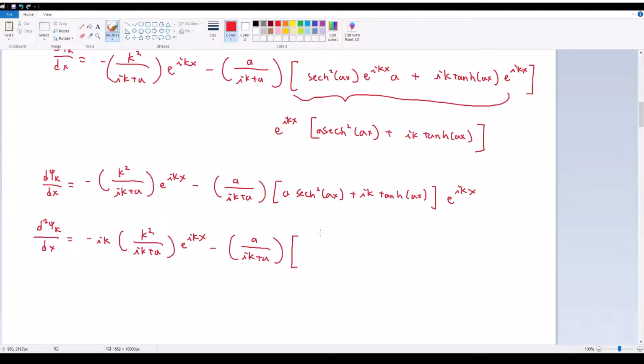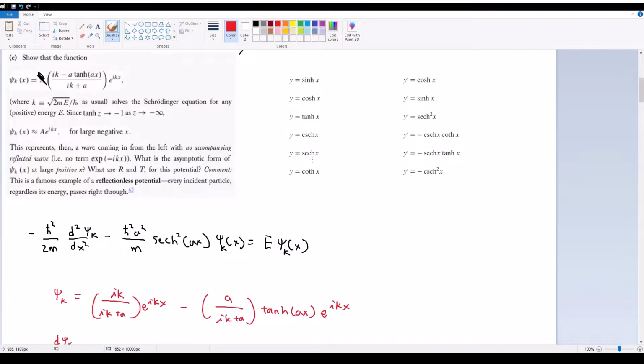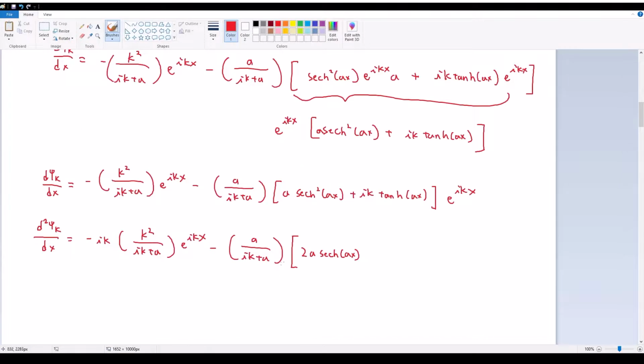And now we're deriving this, so this is going to give us 2a hyperbolic secant ax, and the derivative of hyperbolic secant, which is going to be a negative at the front times hyperbolic secant and then hyperbolic tangent ax, and then multiply by a factor of a again because we're pulling that out.